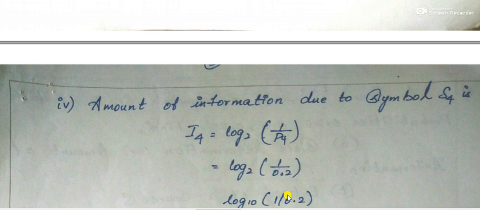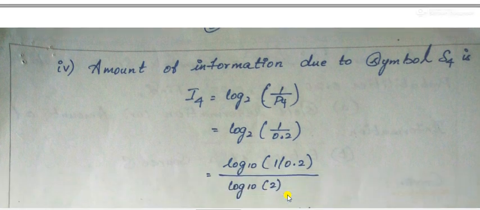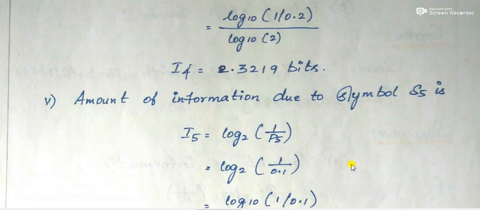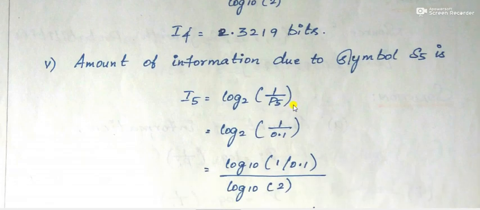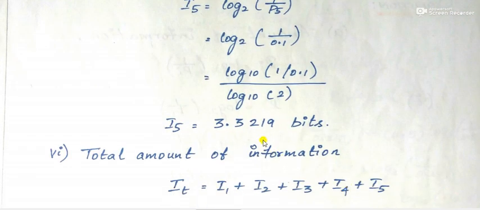For symbol 4, P4 is 0.2, so the I4 value will be 2.3219. For symbol S5, 1 by 0.1, with the same procedure I5 is equal to 3.3219 bits.